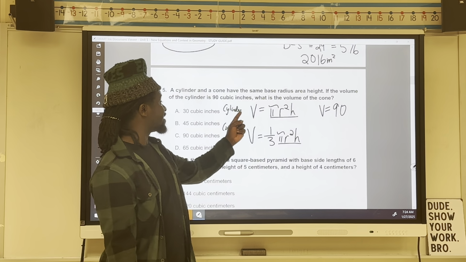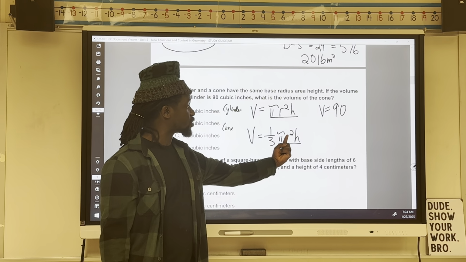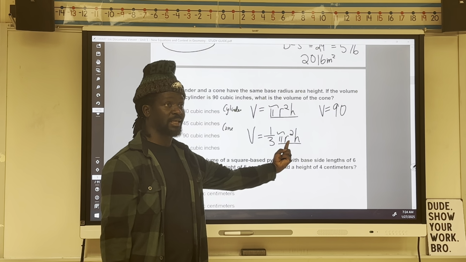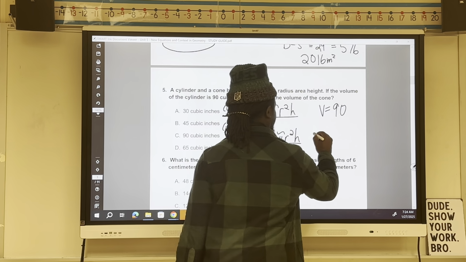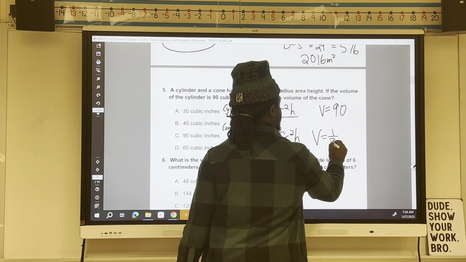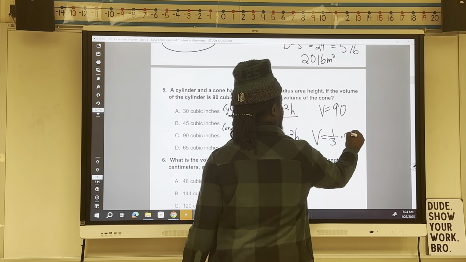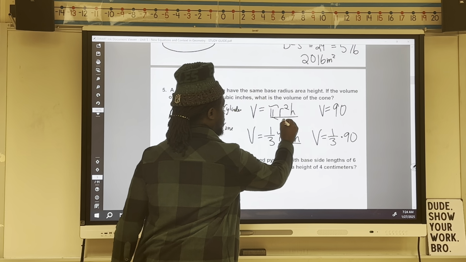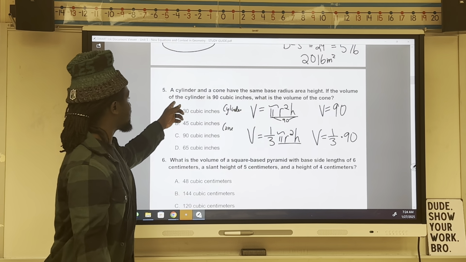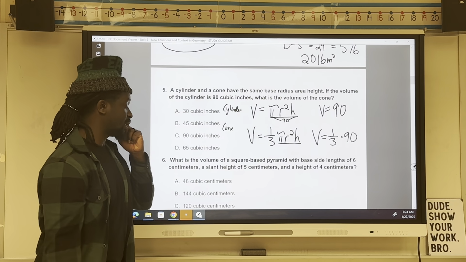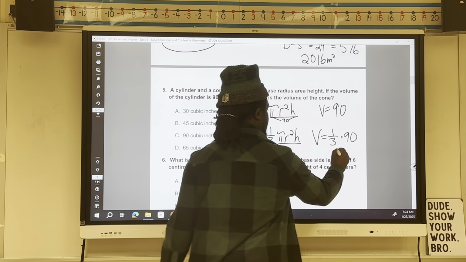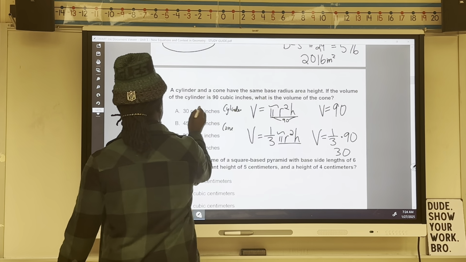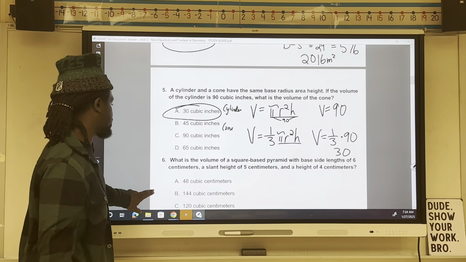So if I know that pi r squared times the height is going to give me 90, all I have to do to find the volume of the cone is take that 1/3 and multiply it times that 90. Again, because I know this piece right here is 90, because it says the volume of the cylinder is 90. All right. And then when I do that, I'm going to end up with 30. So the answer is A there.